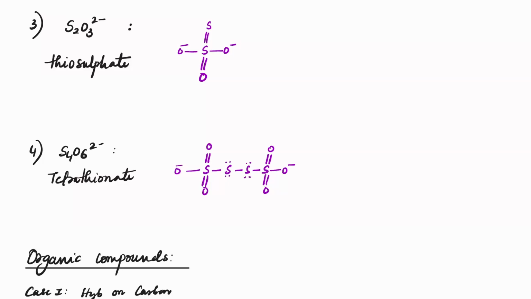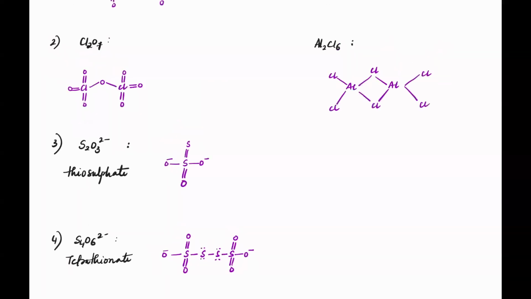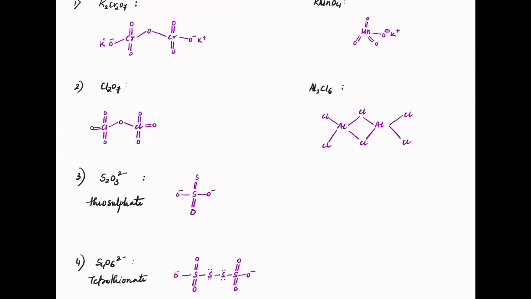Okay. So guys, please check the structures, whatever I have written. Try to identify the hybridization of the one which I'm marking right now. Hybridization of chromium, and this oxygen. Similarly, manganese here, chlorine, and this oxygen, aluminium here, and sulfur here, and this sulfur also.